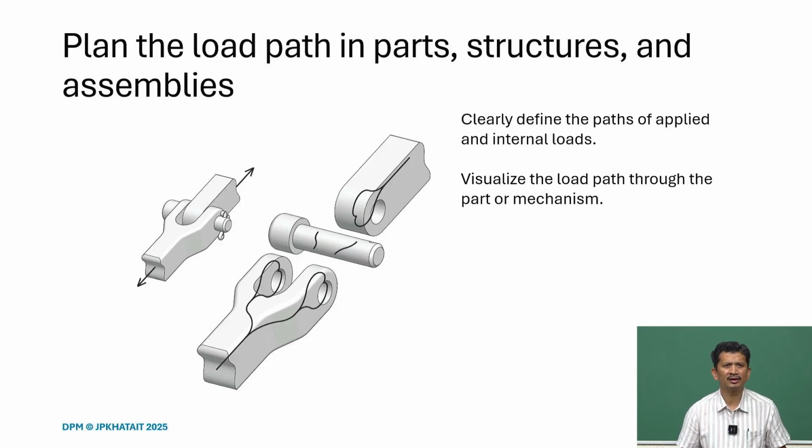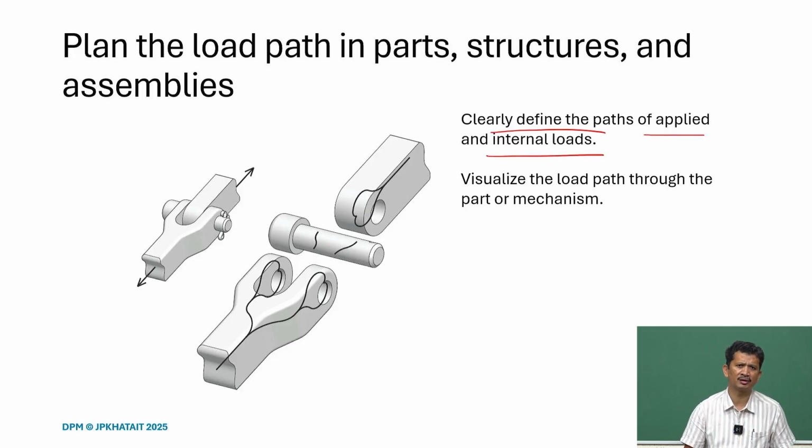How do they travel, what is the path they are taking? It's very important to visualize and clearly define, because that is the critical path, and any part along that load path has to be checked for failure and performance. So, it's very important to define the paths of the applied and internal loads also.